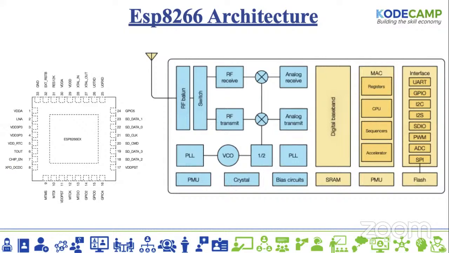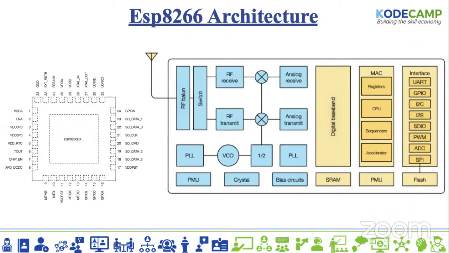It supports 802.11 b/g/n, and the N series supports 2.4 gigahertz. It can transmit up to 72.2 megabits per second.